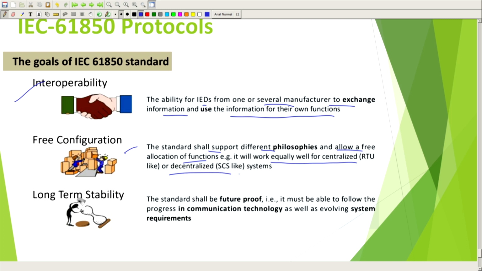The third is long term stability: the standard shall be future proof, that is, it must be able to follow the progress in communication technology as well as evolving system requirements. As time proceeds, there will be new advancements in communication technology, and the IEC 61850 standard can update itself with the latest technology, so that it remains capable of managing things even under updated communication technology conditions.